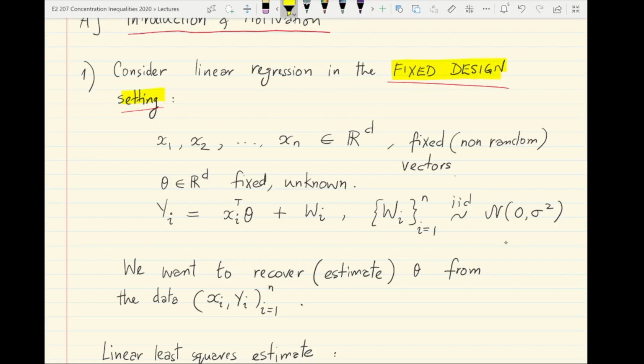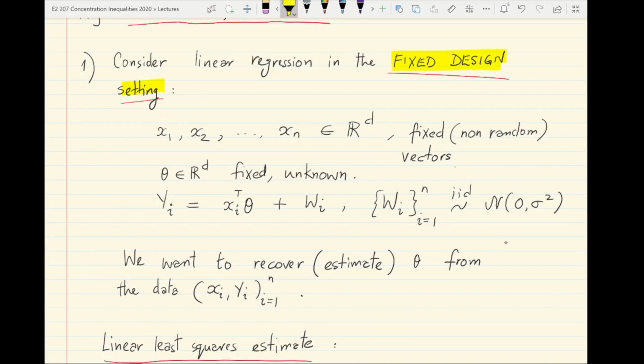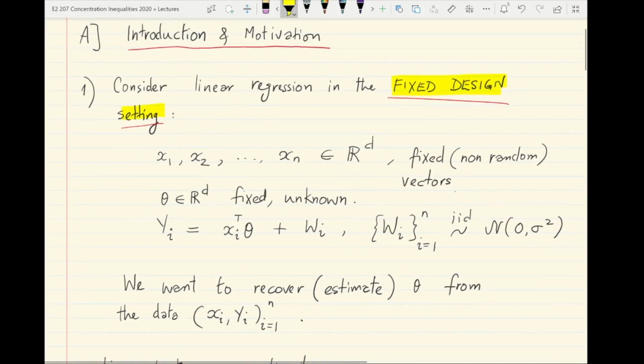Let theta be a d-dimensional unknown parameter, and let yi be a random variable which is the inner product of xi with theta plus an independent additive Gaussian noise variable wi, which has mean 0 and standard deviation sigma. And the goal is, as usual, to recover or estimate theta from our data xi, yi.